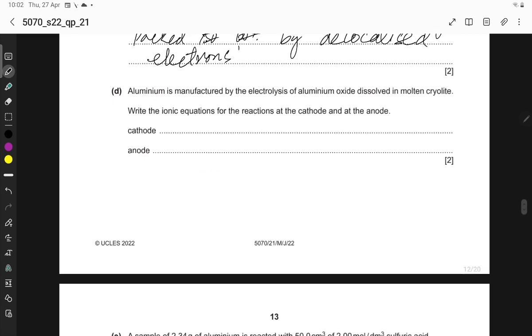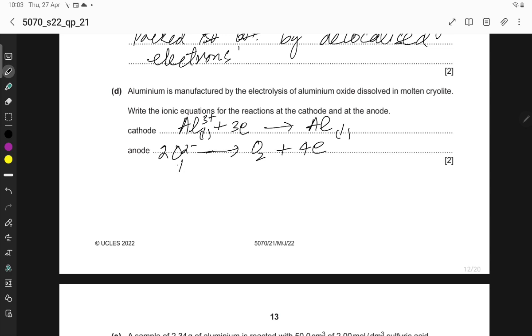Aluminium is manufactured by the electrolysis of aluminium oxide dissolved in molten cryolite. Write the ionic equation for the reaction at the cathode and the anode. Cathode is the negative plate, so positive ions are discharged at the negative plate to form aluminium in liquid molten form, and at the anode, oxygen gas plus 4 electrons.